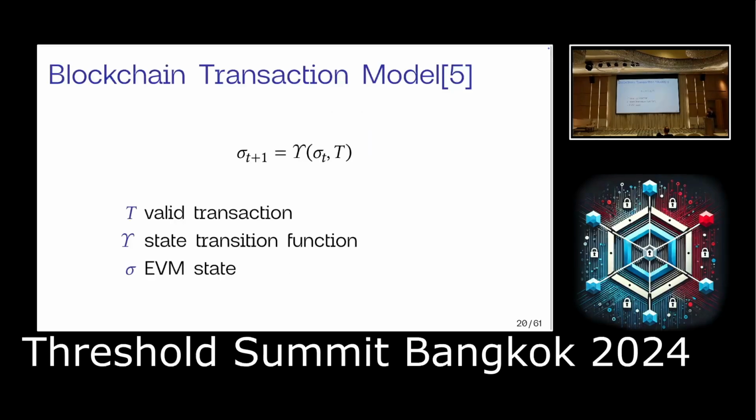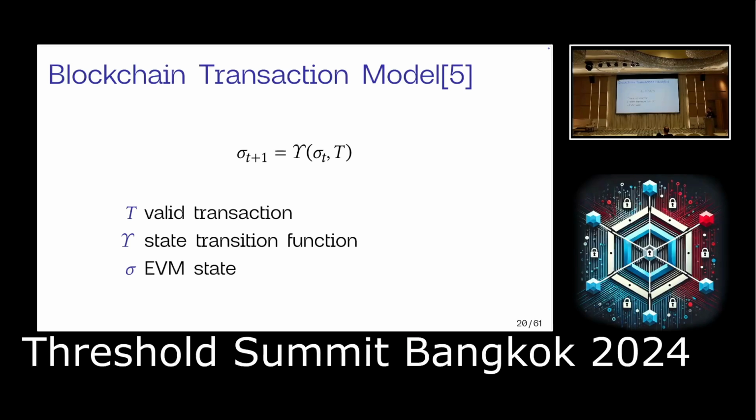So the model of what a blockchain is and what a transaction is that we have comes from the yellow paper of Ethereum, and it uses this formula to explain how transactions work. Sigma is the state of the Ethereum virtual machine, and T is the content of the transaction.